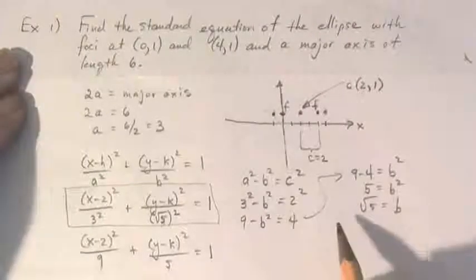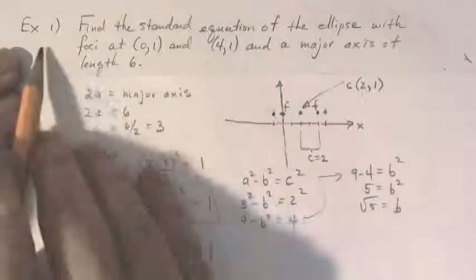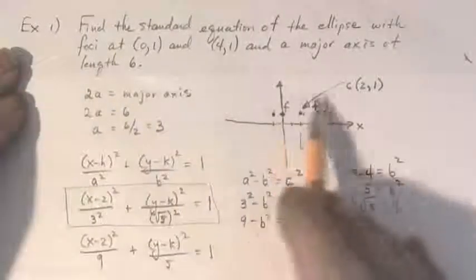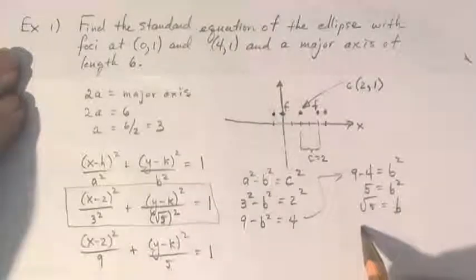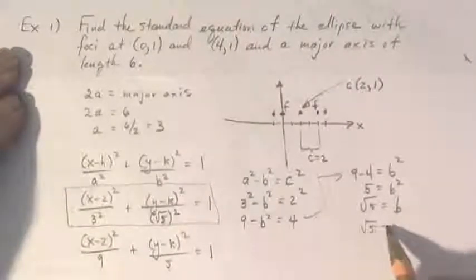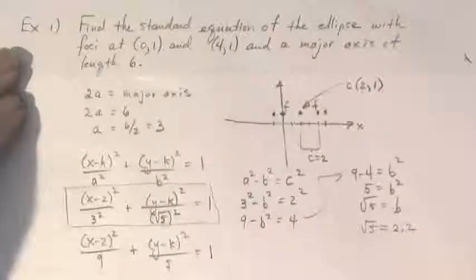The problem doesn't require it, but let's make the graph anyway since this is our first example. Let's actually draw the ellipse. The b, square root of 5, is approximately equal to 2.2.